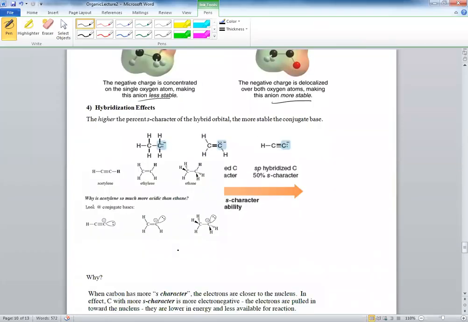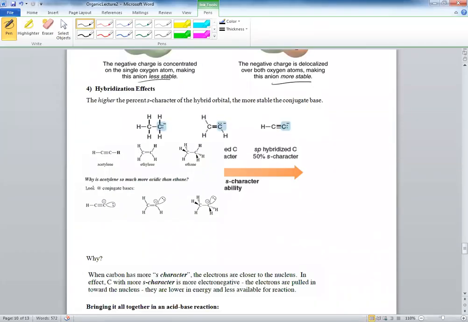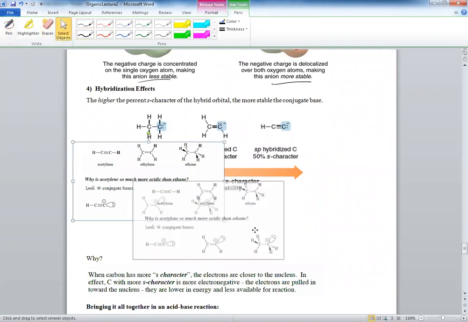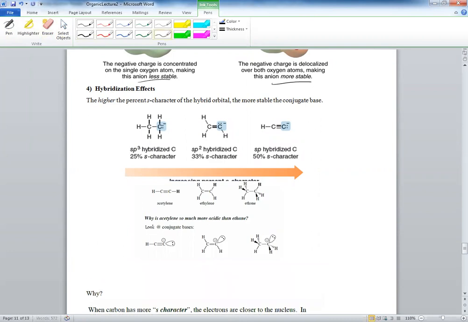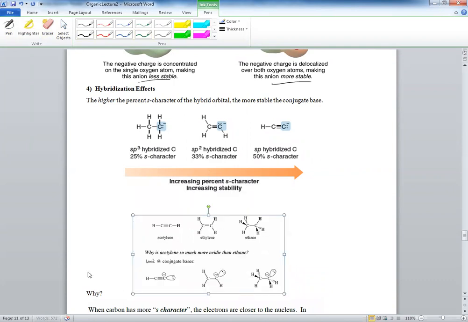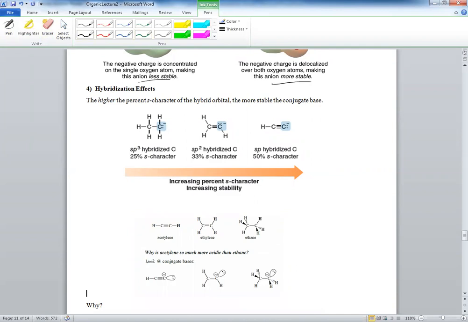Now, the hybridization effect is the last one that we will examine. What is happening in the hybridization effect?